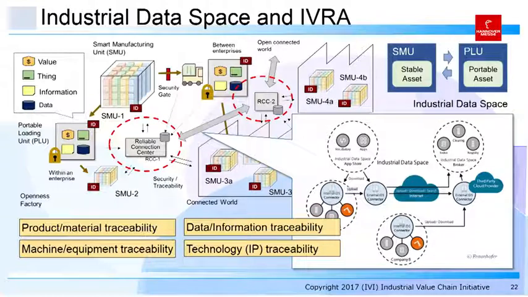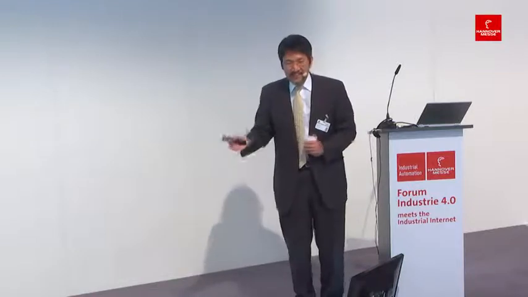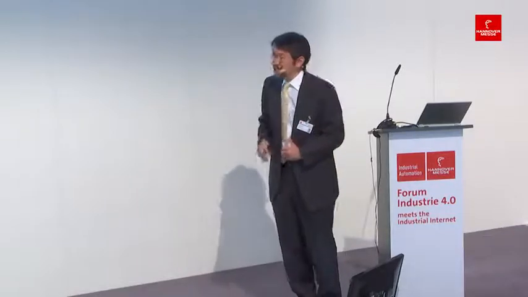This is not the RAMI model, but I know about the data space because I think here the reliable connection center has to deal with data traceability, object and things traceability, information traceability, and the connection between the cyber world and the physical world.